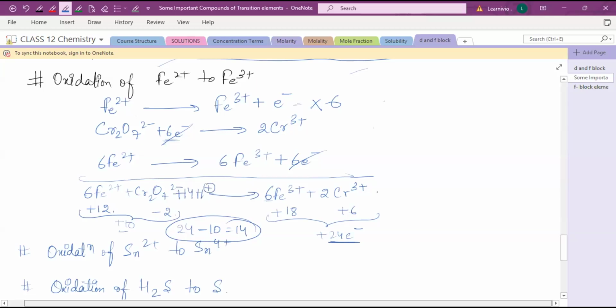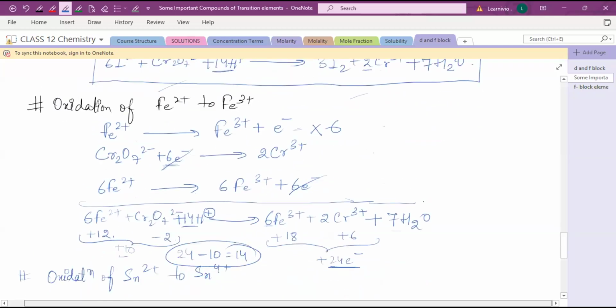On the right side of this arrow, you have to write water, and just half of this 14, so 7H2O. That's the balanced chemical equation and balanced redox reaction. That's how you will write it down.